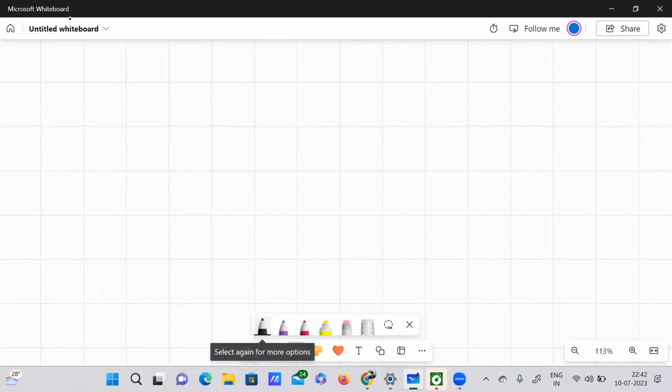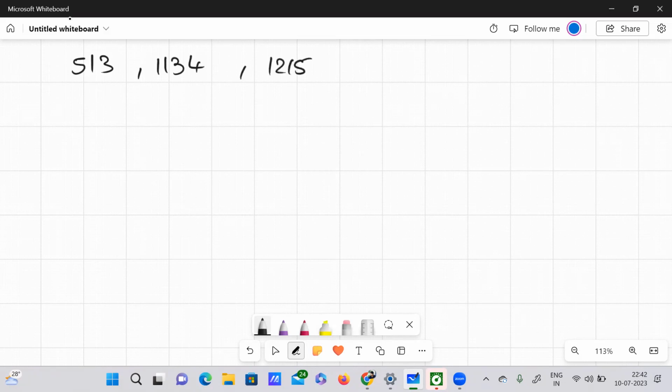For example, if we need to calculate HCF for these numbers 513, 1134, 1215. So how to do that? Just look for the biggest number. 1215 is the biggest number, right?